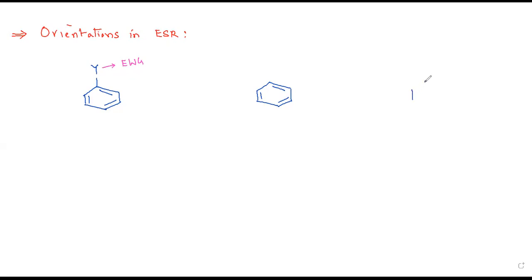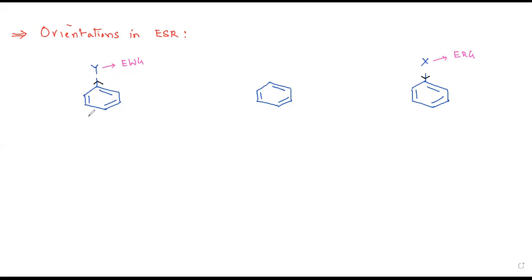Come on. Let us consider a releasing group on this. Okay. Let this X be the releasing group. Now, when I say electron withdrawing group, it is this. And when I say releasing group, it is this.